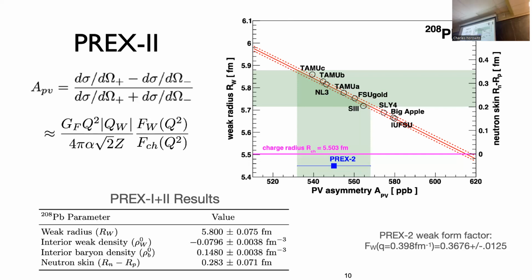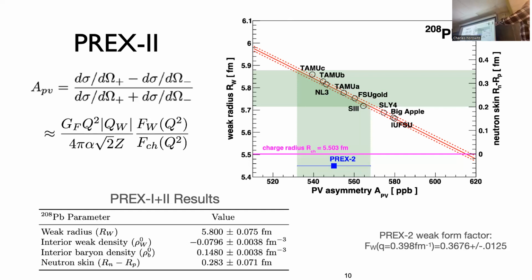A whole series of models is one way to do this. So if you take a model and calculate its weak form factor and its charge form factor, well, actually we include Coulomb distortion. So we calculate the cross section by summing over partial waves.